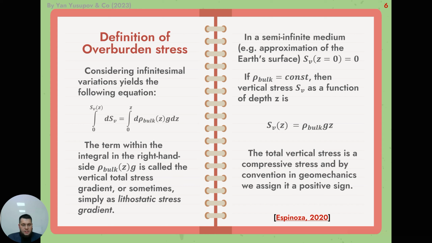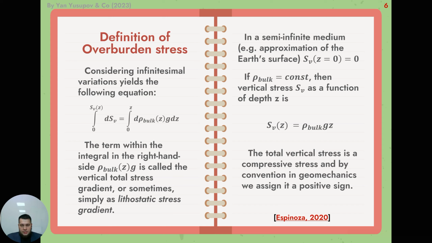Considering infinitesimal variation yields the following equation. This is the integral of rock density by depths from the surface to a definite depth z.